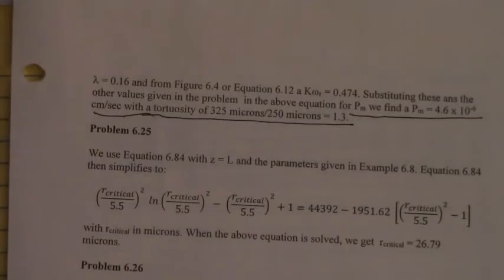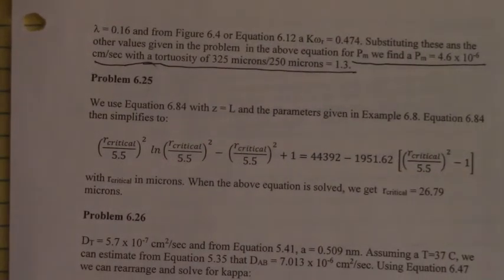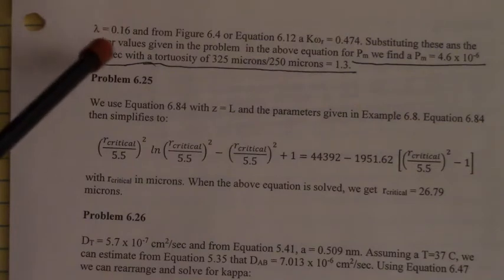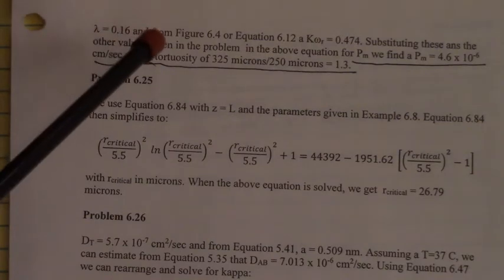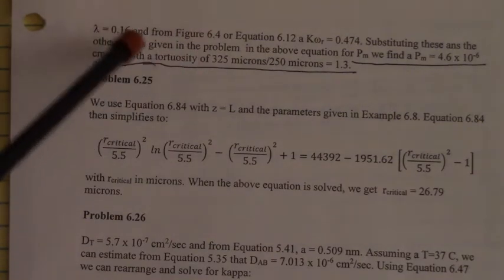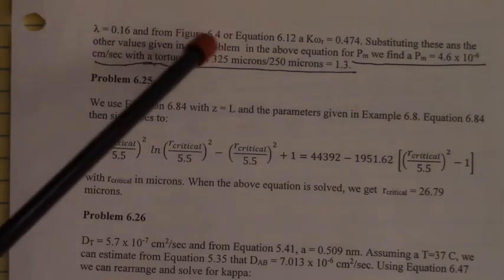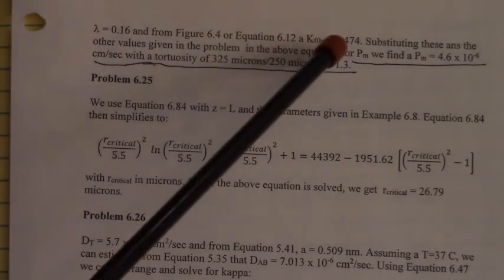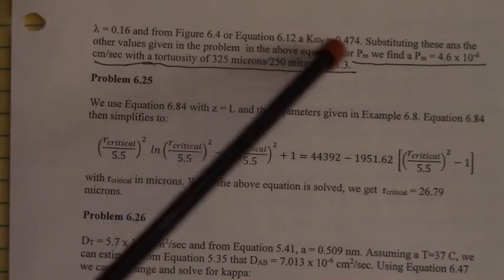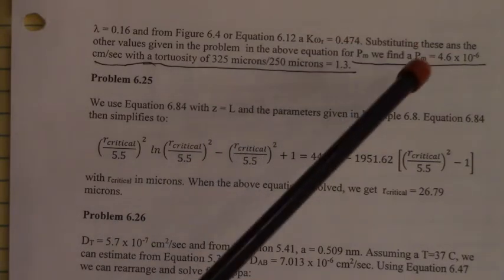So when you do the calculations given the data in the problem, you'll find that the lambda value, which is the ratio of the molecular radius to the pore radius, is 0.16. And using that lambda value, you can go to figure 6.4 or use equation 6.12, and you can find that your K_ωR is 0.474.